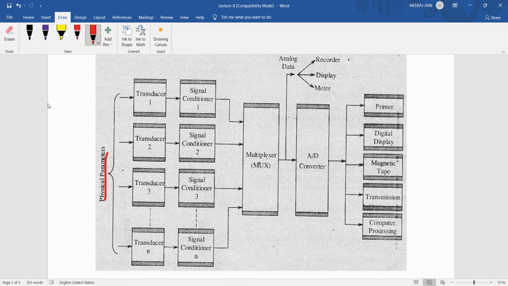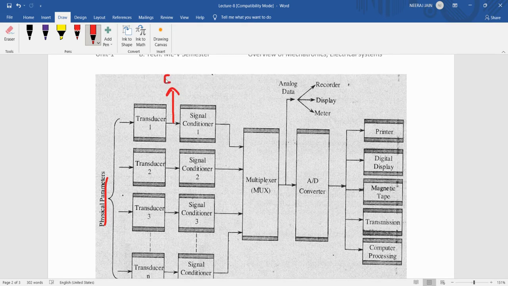After the transducer, the signal is converted into electrical form, like voltage or current form, V or I form. Then a signal conditioner circuit is used that brings it into a suitable form so that it can be further transmitted.